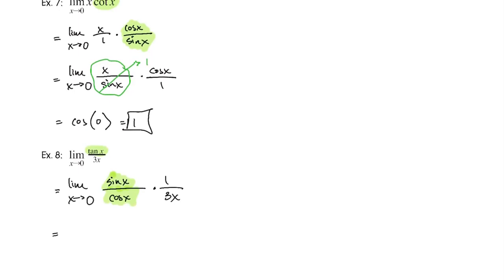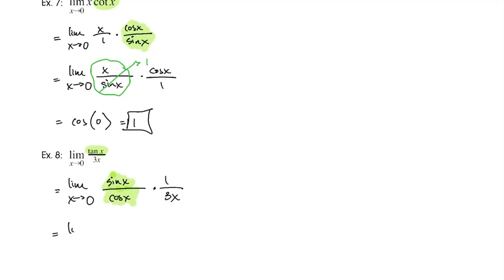All right. What do I need to do here in order to use some of the things that we learned earlier? How do I make this look like one of the other things that we've done before? Okay, so you want to make it look like a sine x over x, okay? Yeah, having an x over x would be great.